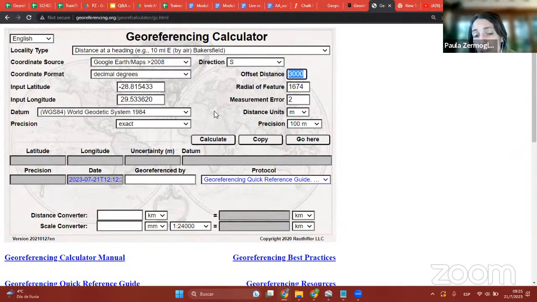The uncertainty will be huge due to the distance. If the distance is very long, like 100 kilometers, the uncertainty will be very big. But we will need to use the town as a reference and get the radial for that town, then put the other parameters in the calculator and get the overall uncertainty.